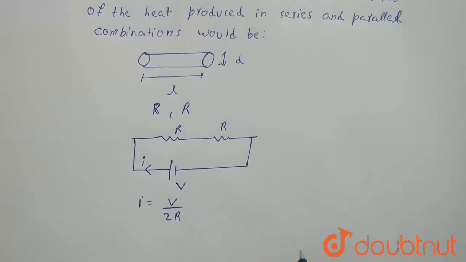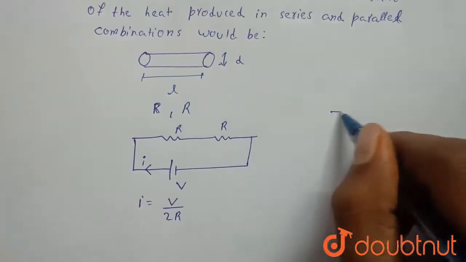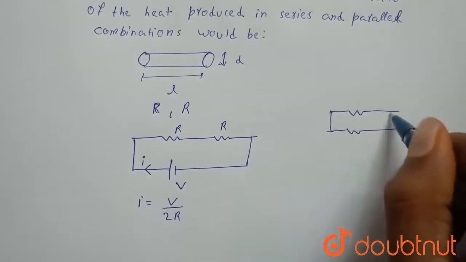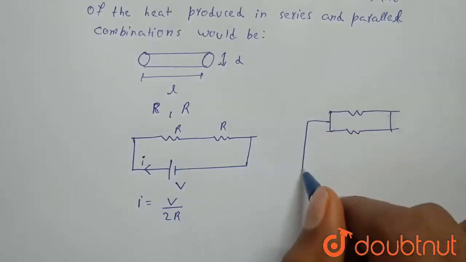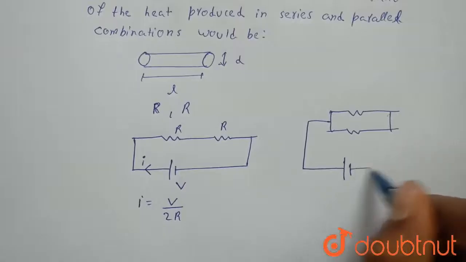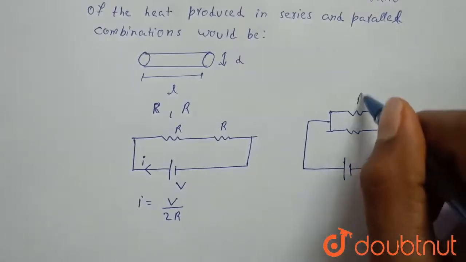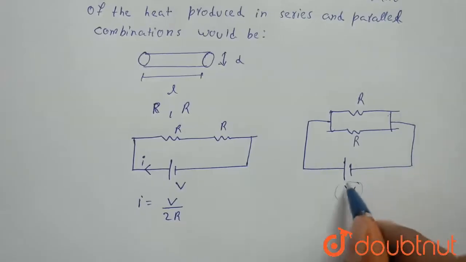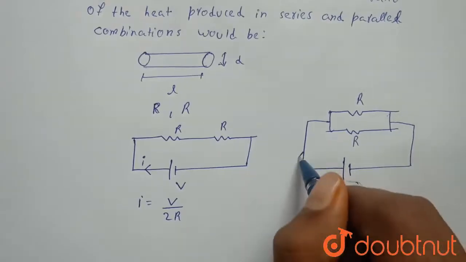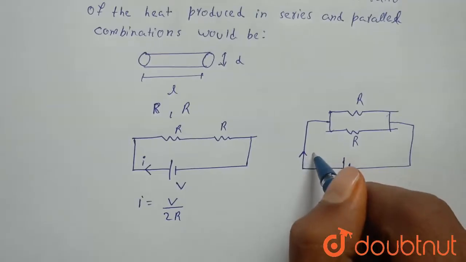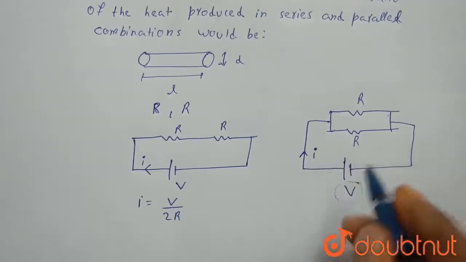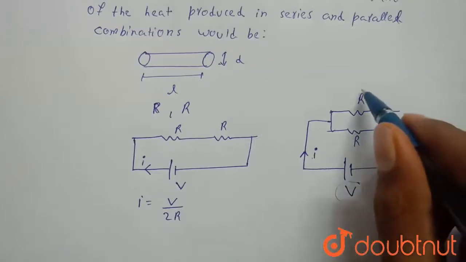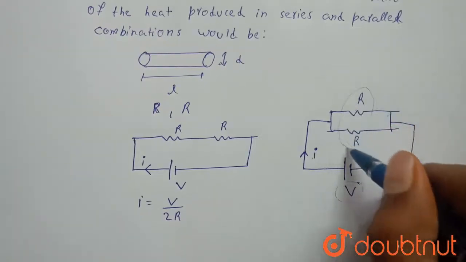And in second case, it says that both are connected in parallel. So when both are connected in parallel, with same V volt, then current in branch will be say I. So I will be V upon R equivalent as both are in parallel.